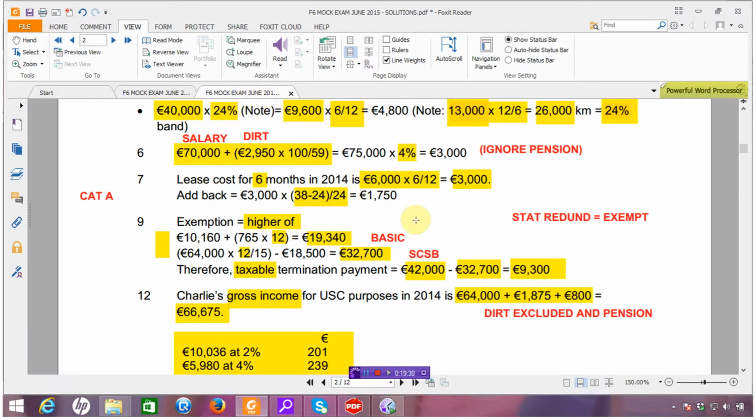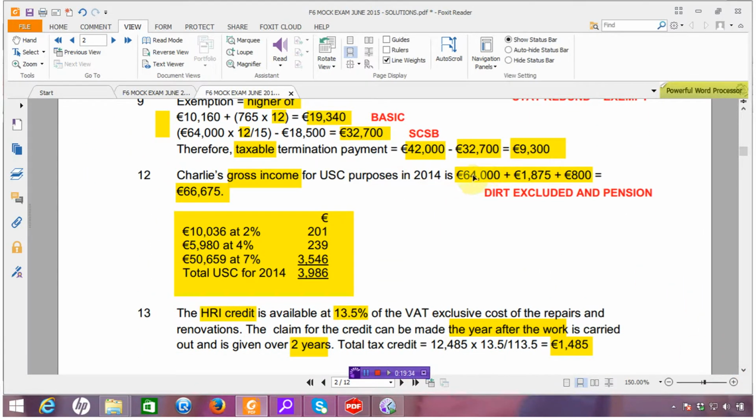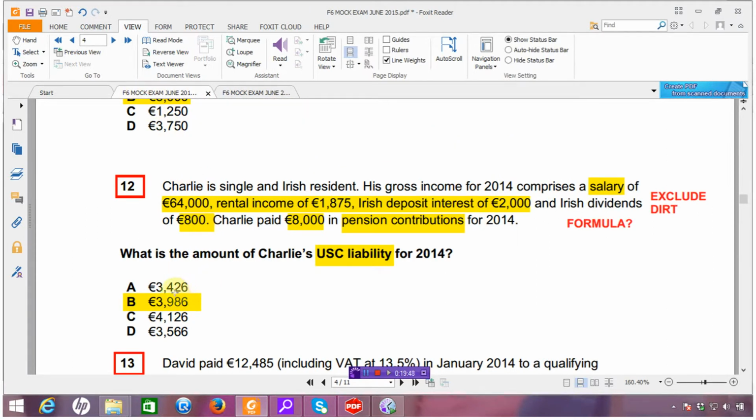And we'll see when we look at answer 12 that basically DIRT is excluded from that calculation, only the salary and the other items, and also the pension deduction is never included within a calculation for PRSI or indeed USC. So the answer in this case is B, 3986. Okay.